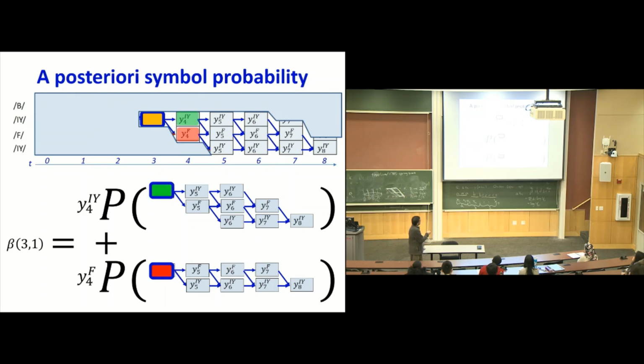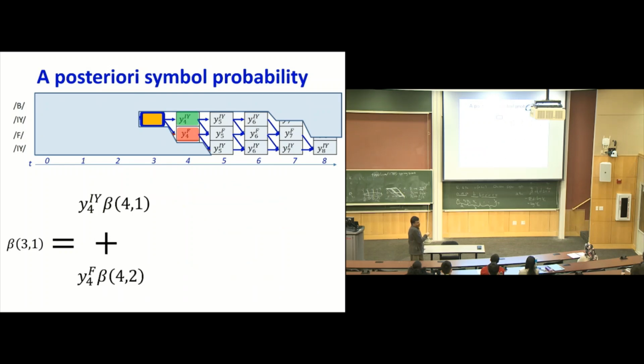So it's y4e times the total probability of all the subgraph that follows this node plus y4f times the total probability of the subgraph that follows this node. And this term is simply beta 4 1, and this is beta 4 2. See how that happened?